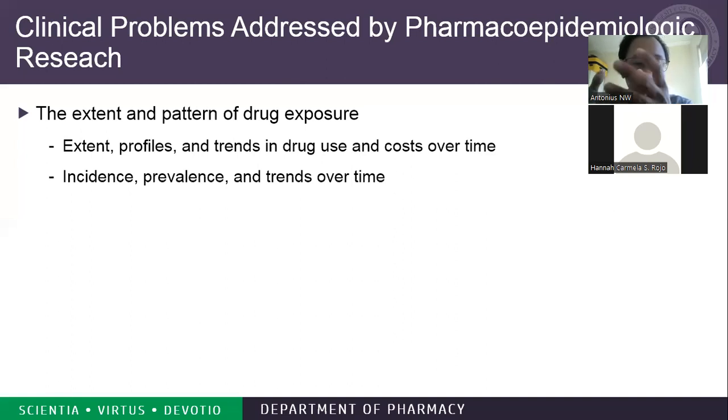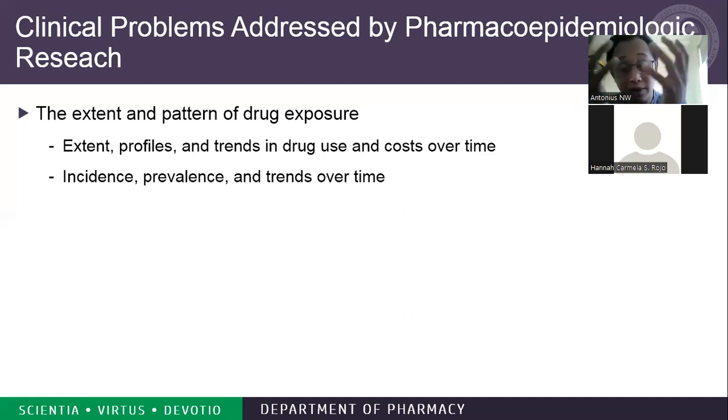So the profiles and trends of drug use differ. Some drugs in the developed world are not being used, or have already been recalled or withdrawn from the market, but in some countries, such as Indonesia, they are still used.